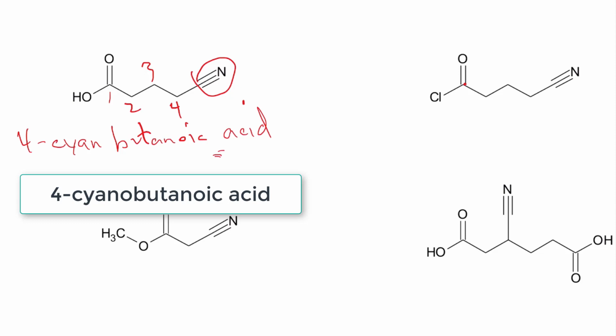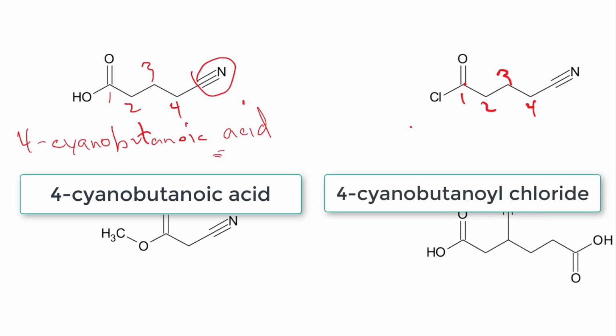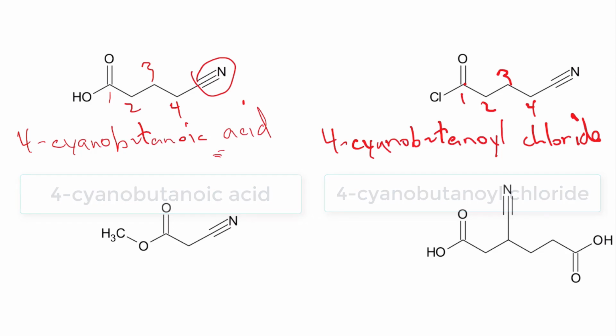All right, so it's a 4-cyanobutanoic acid. Over in this position, 1, 2, 3, 4. This is an acid chloride or an acid halide. It is a chloride in this case. So this is a butanoyl chloride. And in the 4 position is a cyano then.